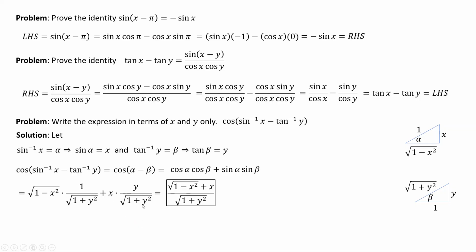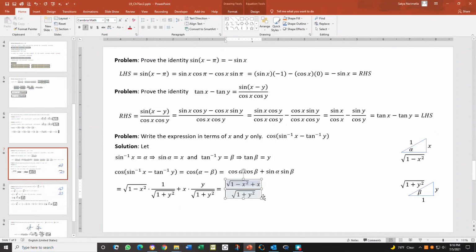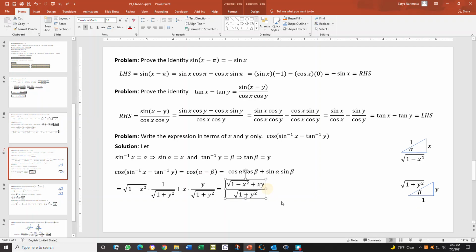Recognizing that the denominators are the same, we can multiply and then add the fractions, add the tops, and that gives us square root of 1 minus x squared. Goofed. I am sorry. There should be an xy. Plus xy over square root of 1 plus y squared.